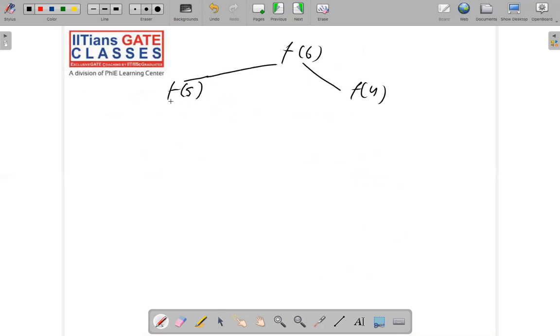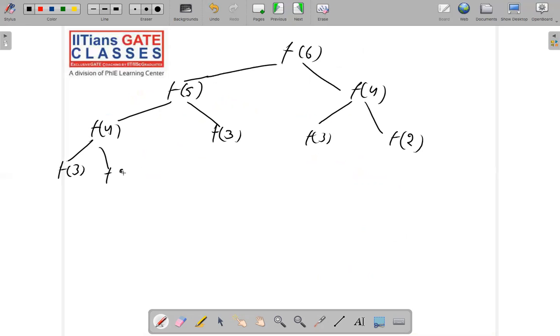For Fibonacci of 5, I will be calling Fibonacci of 4 and Fibonacci of 3. For Fibonacci of 4, I will be calling Fibonacci of 3 and Fibonacci of 2. For 3, I will be calling Fibonacci of 2 and Fibonacci of 1.